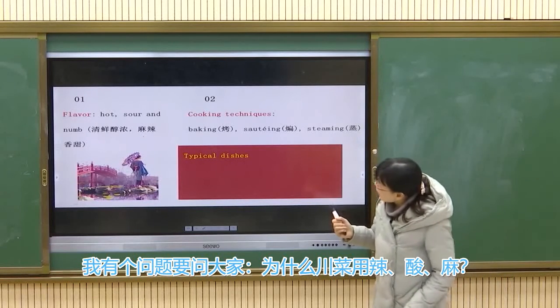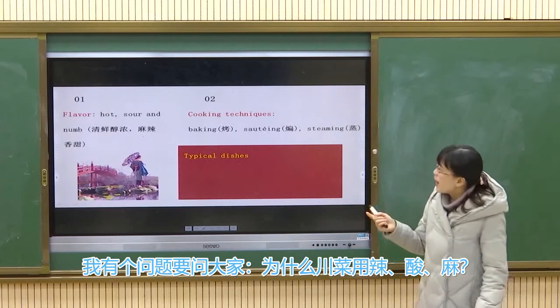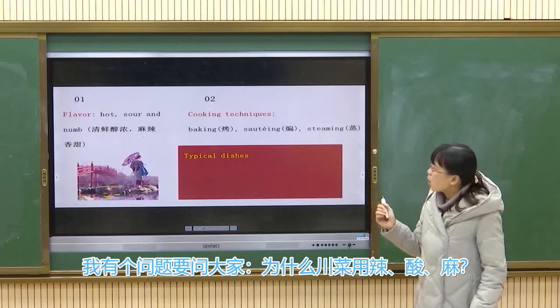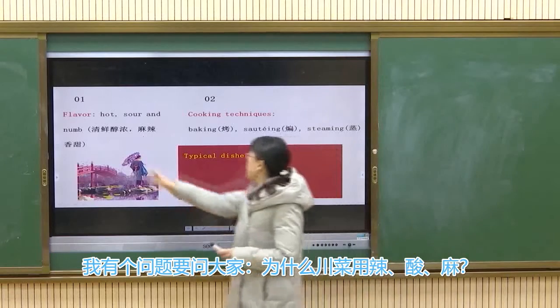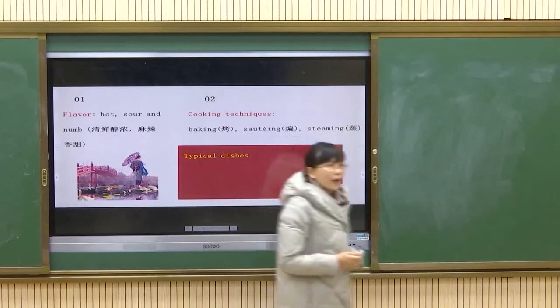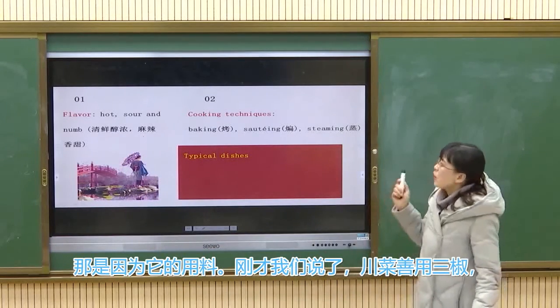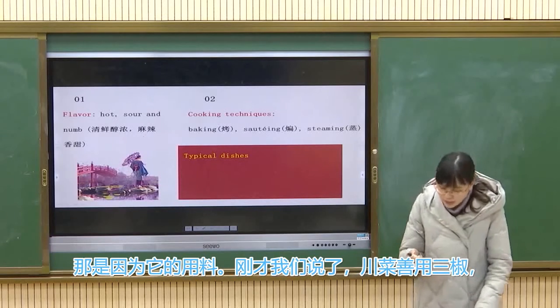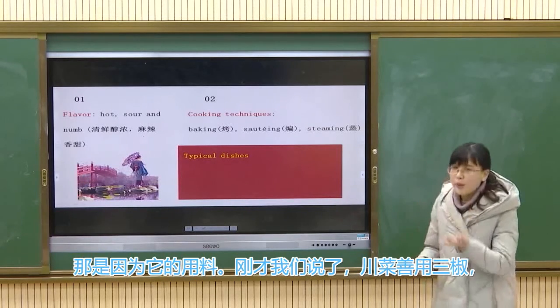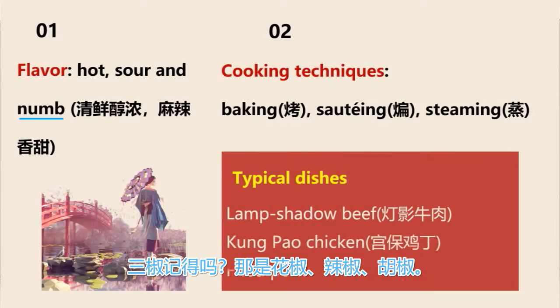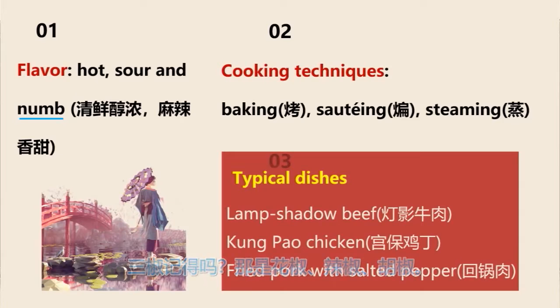Why is the flavor of Chuan cuisine hot, sour, and mild? Why? That's because of their cooking materials. Just now we said they use 3 peppers. 3 peppers, do you remember? They are 什么椒? 花椒, 辣椒, and 胡椒.